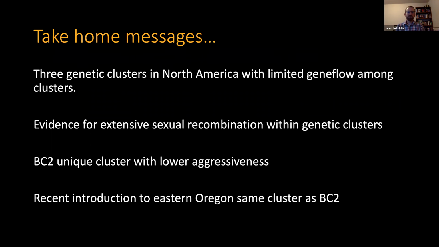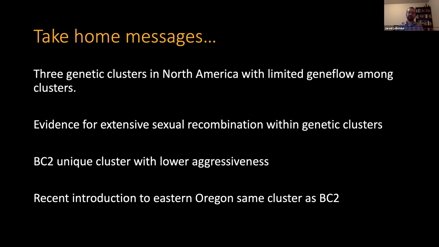So the final take-home messages from this overall look are that we found there are basically 3 genetic clusters in North America. There appears to be gene flow between these clusters, but it's basically the southeastern US and the US-Canada population that seem to be feeding most of the movement of that pathogen. And that makes a lot of sense when you think about where most of the poplar culture and poplar plantations are.